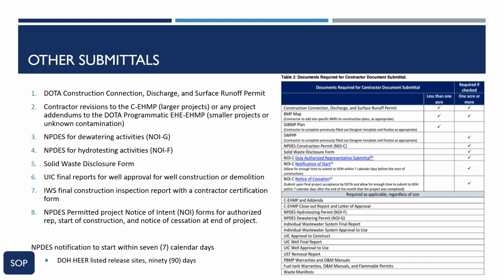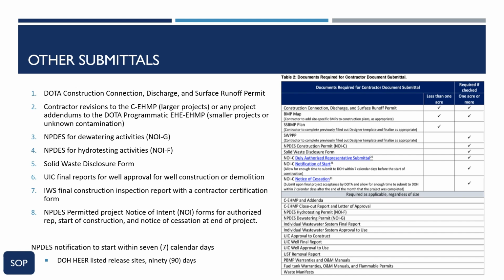IWS final construction inspection report with a contractor certification form. 8. NPDS permitted project notice of intent, NOI, forms for authorized rep, start of construction, and notice of cessation at the end of project.